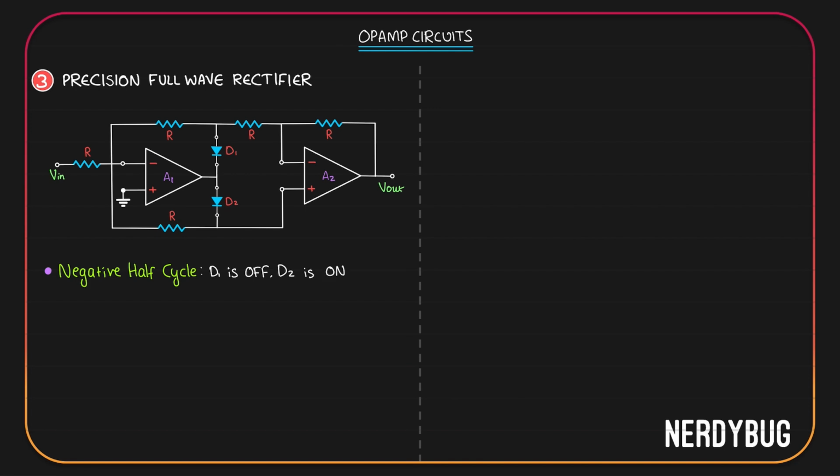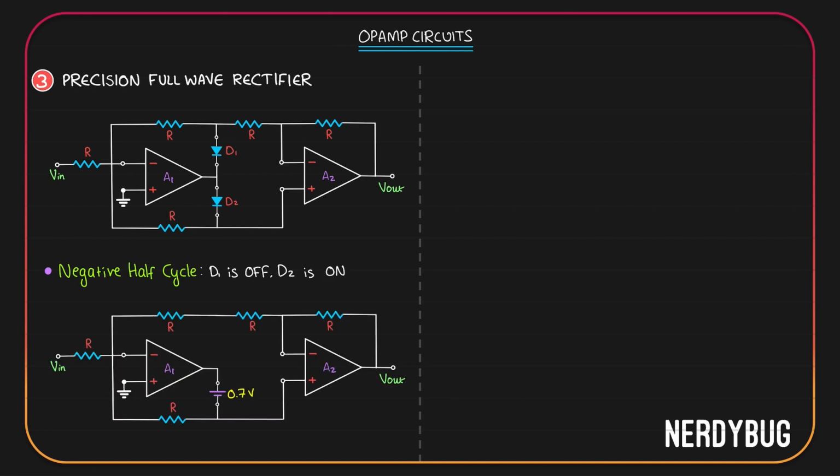We can model the circuit like this. I replaced D1 with an open circuit. I replaced D2 with a 0.7 volt cell. Let's call this point Y and the potential there Vy.